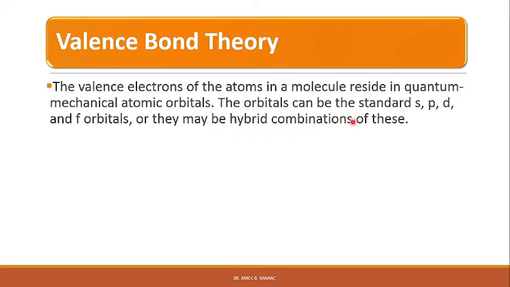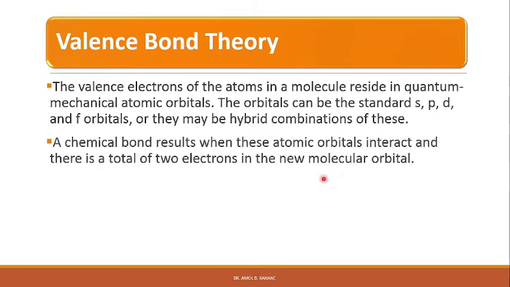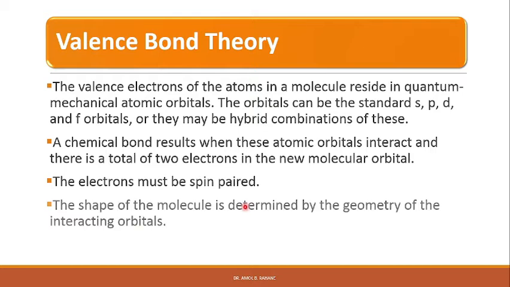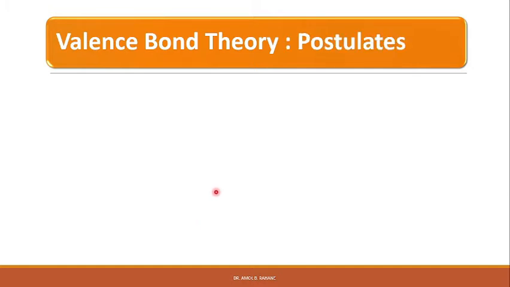The orbitals can be standard s, p, d and f orbitals, or they may be hybrid combinations of these orbitals. A chemical bond results when these atomic orbitals interact and there is a total of 2 electrons in the new molecular orbital. The electrons must be spin paired. The shape of the molecule is determined by the geometry of the interacting orbitals.